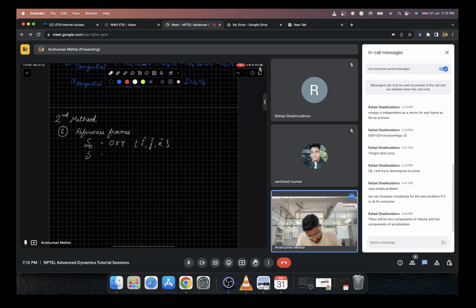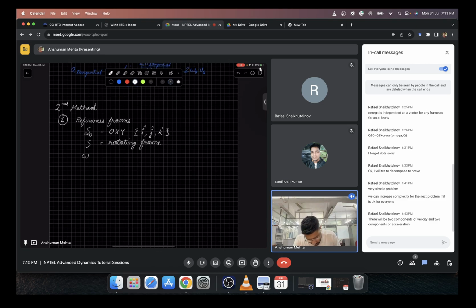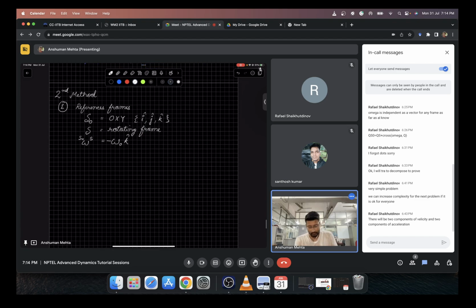Now H is our rotating frame. Also the angular velocity, its value is given as omega naught k. So here k can be used. Now if we want to find the acceleration with respect to the stationary frame, we can do it like this. I can copy paste from there also.